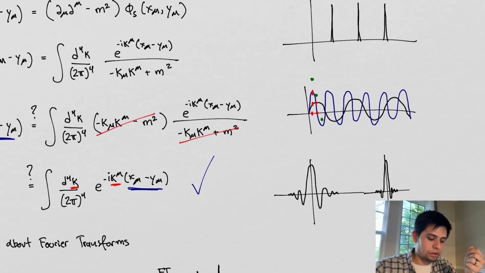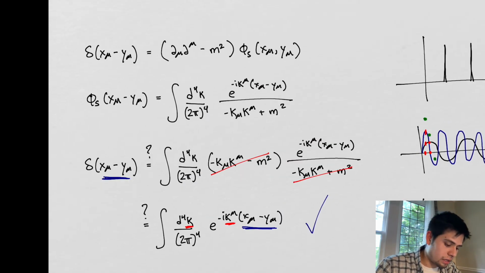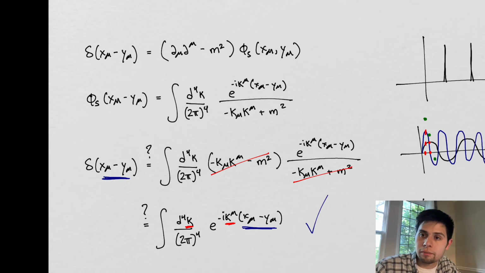So the potential is a delta function, and that delta function is constructed by this special function that we're calling a Green's function. And we apply the Klein-Gordon case to this function to give us this type of potential.